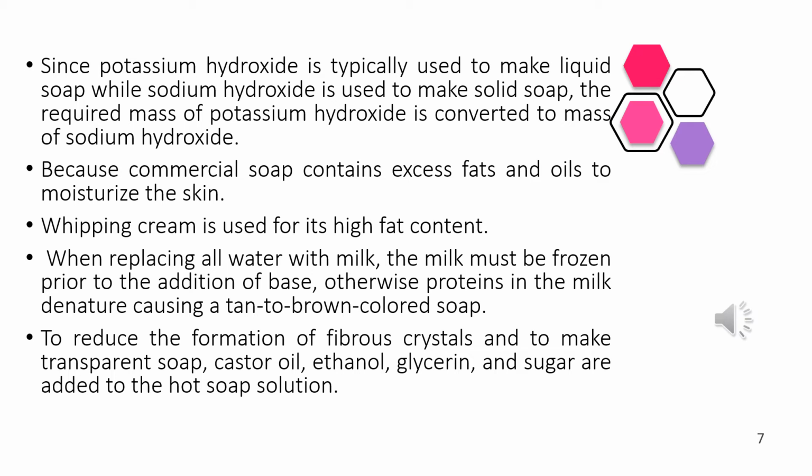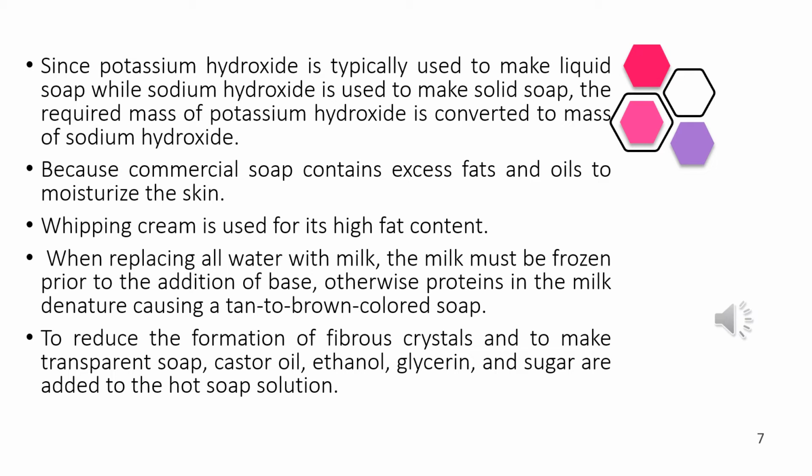So, for adding milk in the making of soap, we replace all the water with milk, and before using the milk we must freeze it before its addition to the paste, because proteins present in the milk denature and cause a tan to brown colored soap.